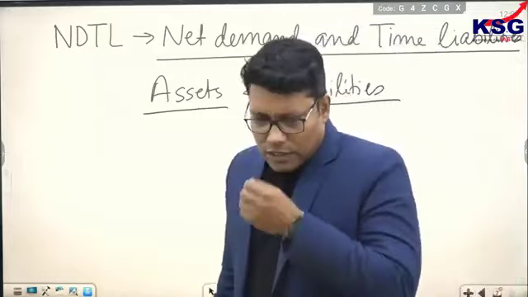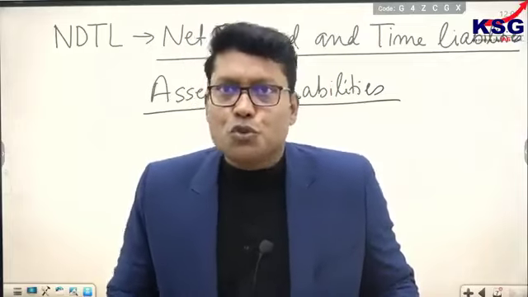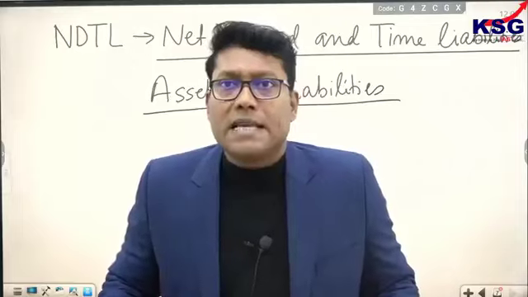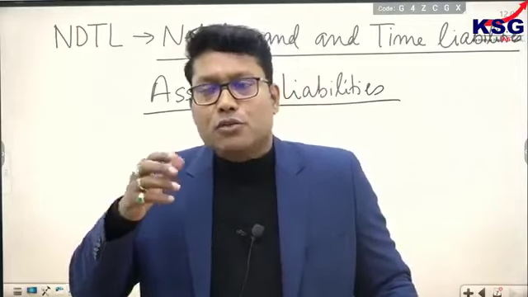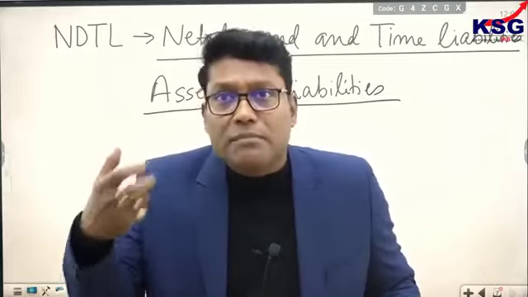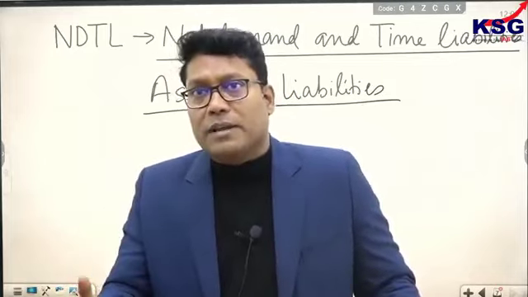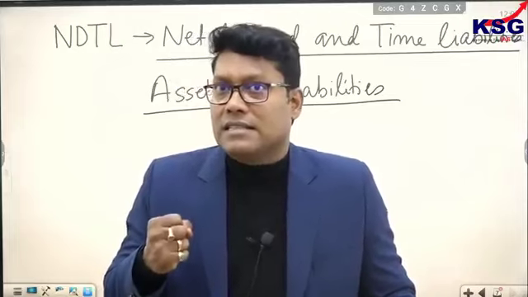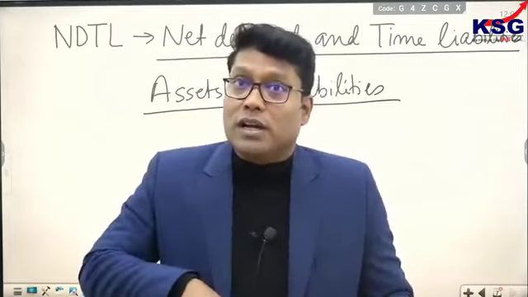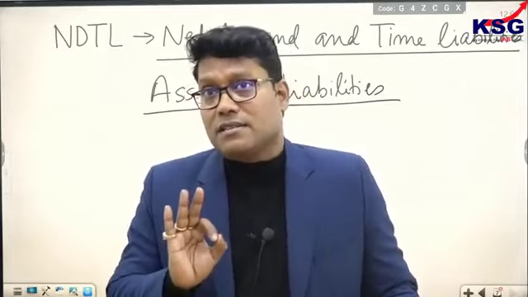How can you understand them? Asset means when you are claiming on something, that is your asset. And something which is with you, but it's others' claim, is known as a liability.